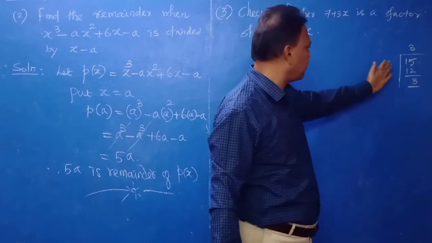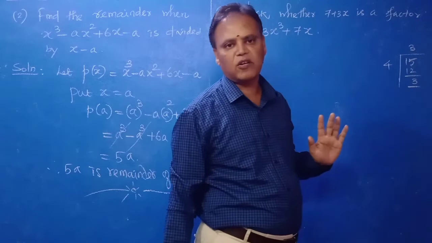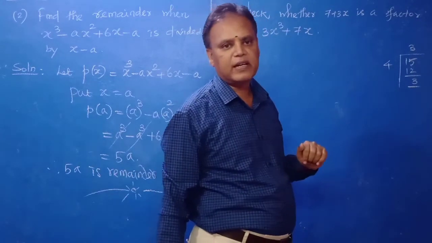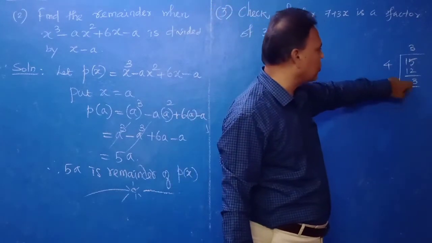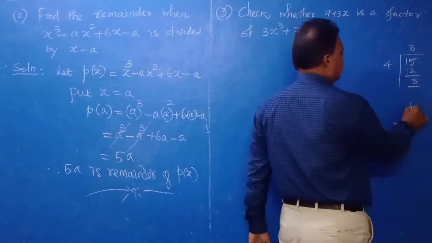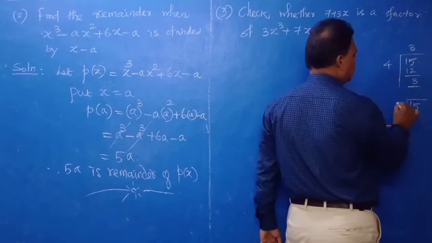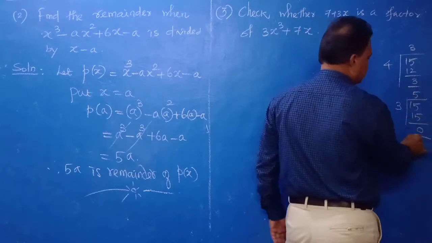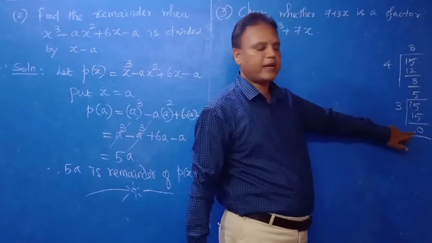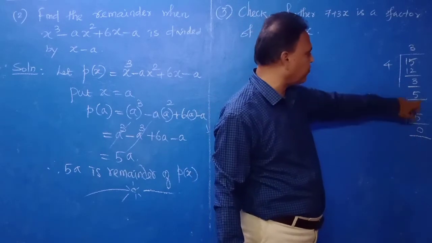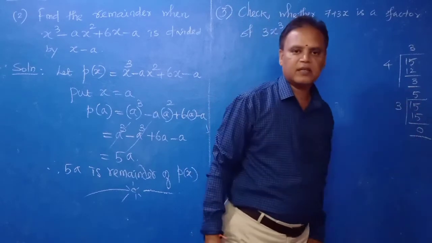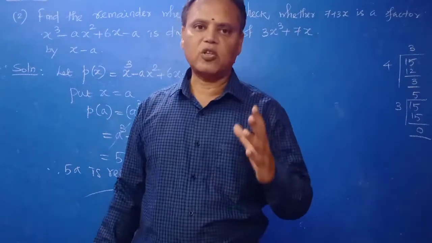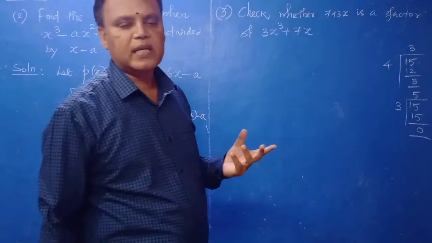So 4 is not a factor of 15. But if you take 15 by 3, how many times will it go? 5 times, so 15, and remainder is 0. When you get remainder 0, then 3 is a factor of 15. The divisor is a factor of the dividend. That is the logic.